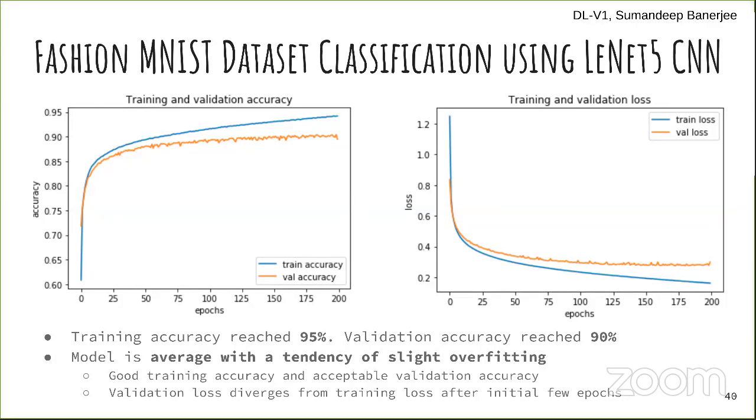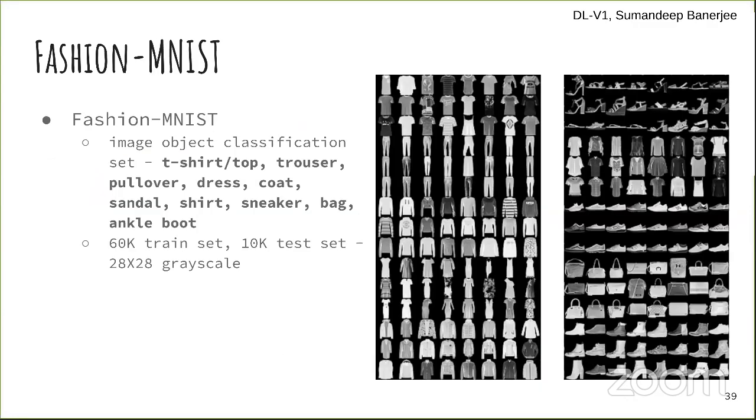So the model is not a very good model. On training it is good, and on validation it's reasonably good with 90% results, but there is still a tendency of overfitting. Overfitting is primarily because the shapes and patterns in clothing are really a lot.